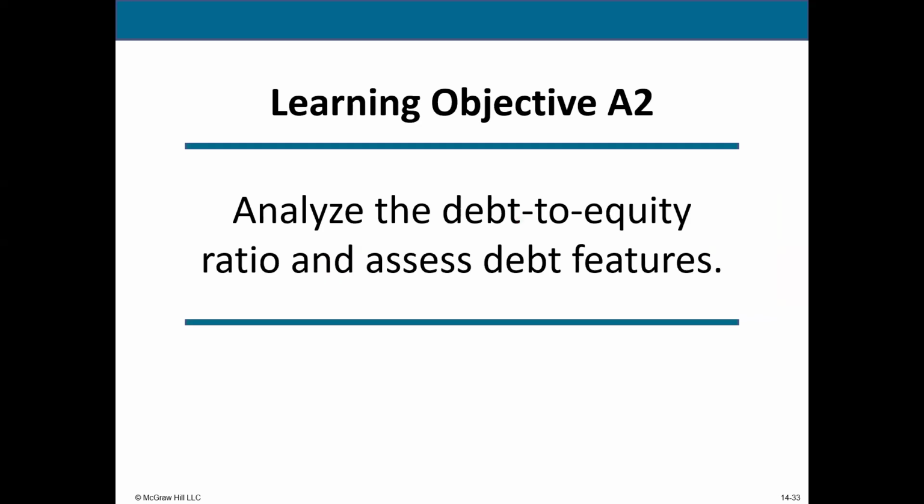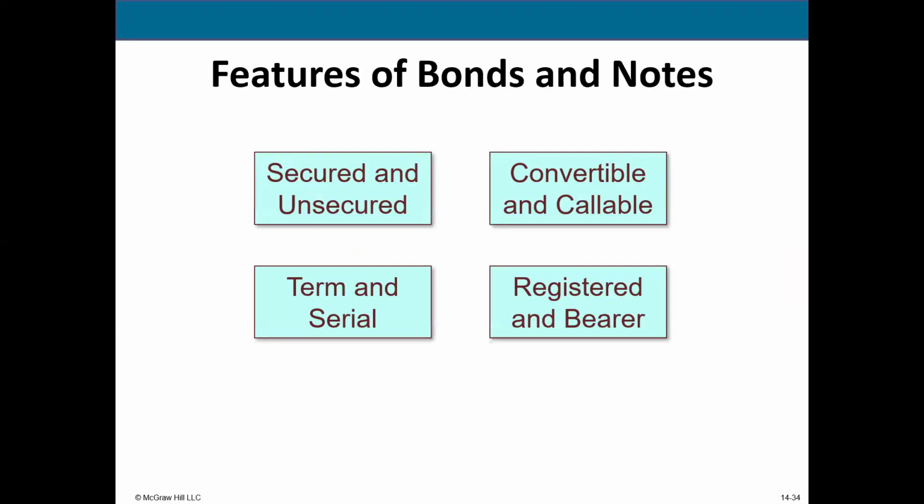There are a couple of different forms of loans that we need to briefly talk about. One of those is the difference between what we call a secured loan and an unsecured loan. When something is secured, it means it's backed by collateral. Okay.